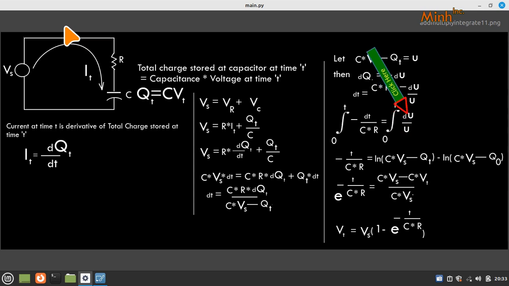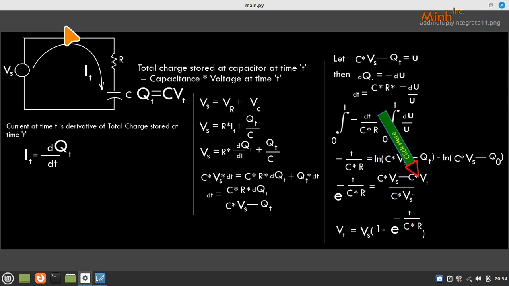Now if I calculate the area of this and of that, finally it comes to an equation for the voltage across the capacitor at any moment t, in terms of t over CR.